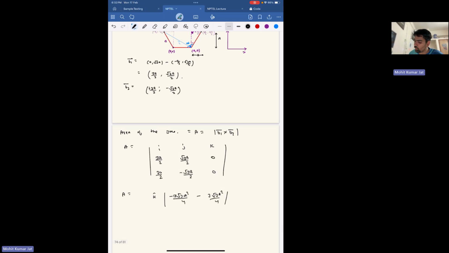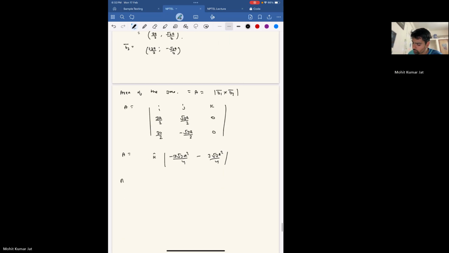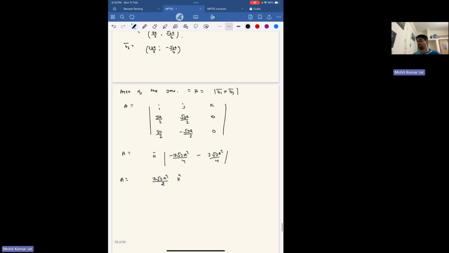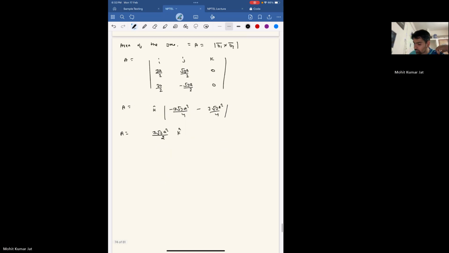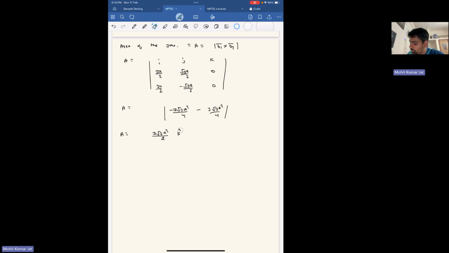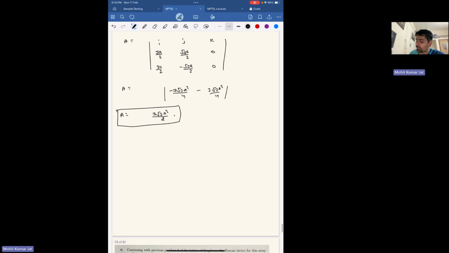Since it's an area and modulus, it will give me 3 root 3A square by 2, then k cap. The k cap says that the area has a direction which is going outside basically. But if you take the modulus, the direction also is lost if you are just looking at the magnitude. So this will be the magnitude of the area.